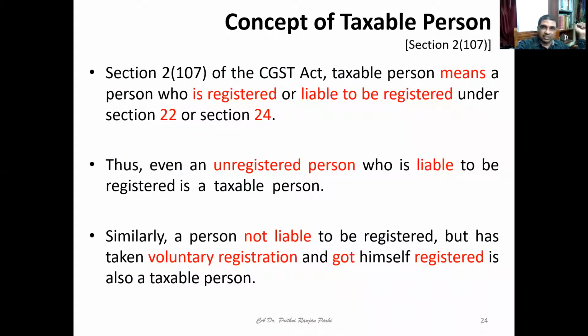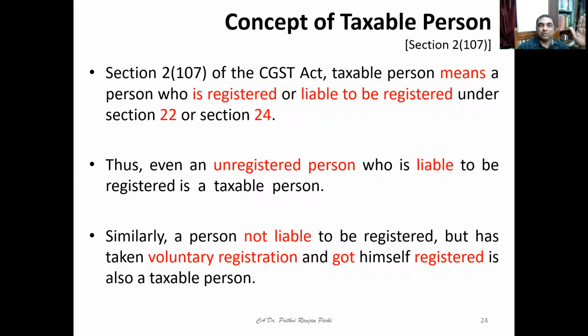So, who is a taxable person? It means a person who is either registered or liable to be registered. That means if he is registered, then fine, he is a taxable person. Now, even if he is not registered, but he is liable to be registered under section 22 or section 24. Section 24 specifies certain situations where mandatory registration, compulsory registration, is required.